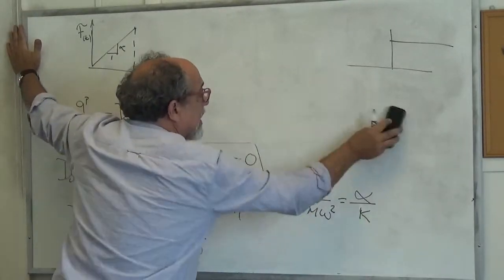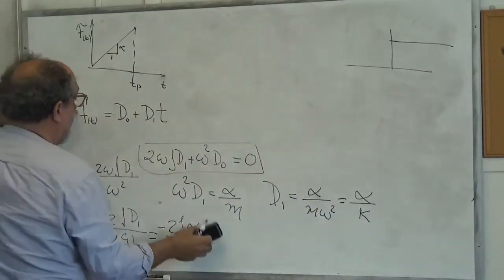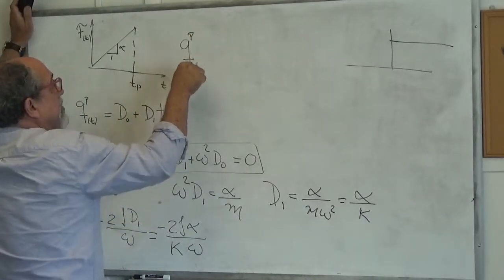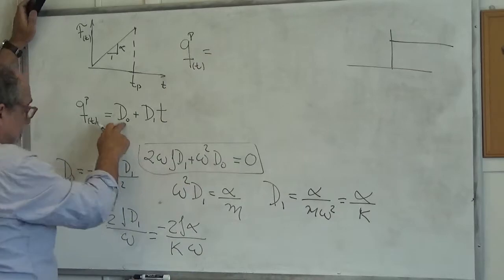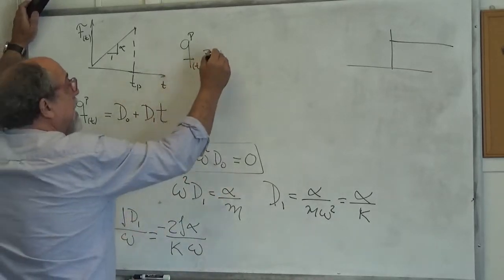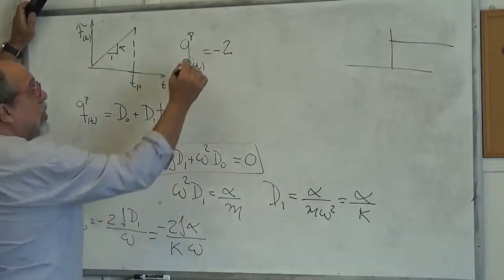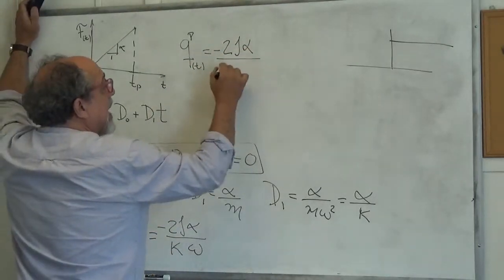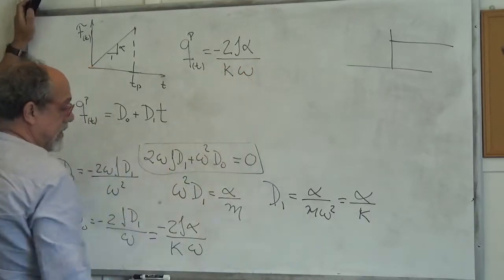again to clear things in my mind. So I'm just going to say that the particular solution as a function of time is equal to d0, which is minus 2 damping alpha over k omega.